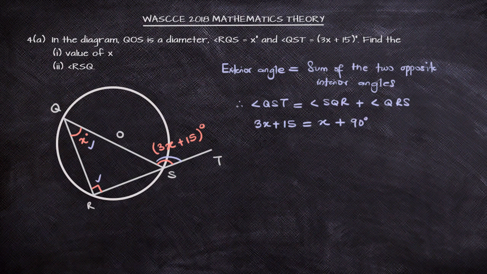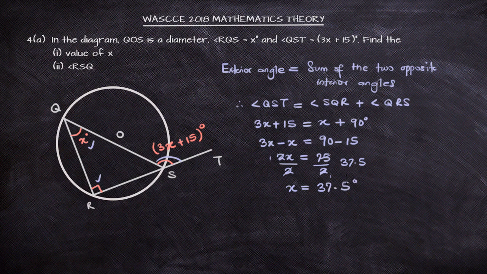And if we are to collect like terms, that will be 3x minus x is 90 minus 15. So that 2x is 75. If we are to divide by 2 all through, our x is 37.5 degrees. So the first question is solved like that.